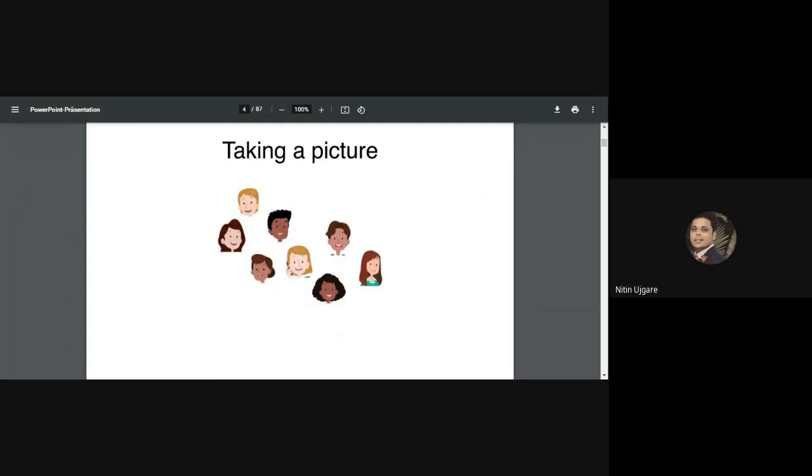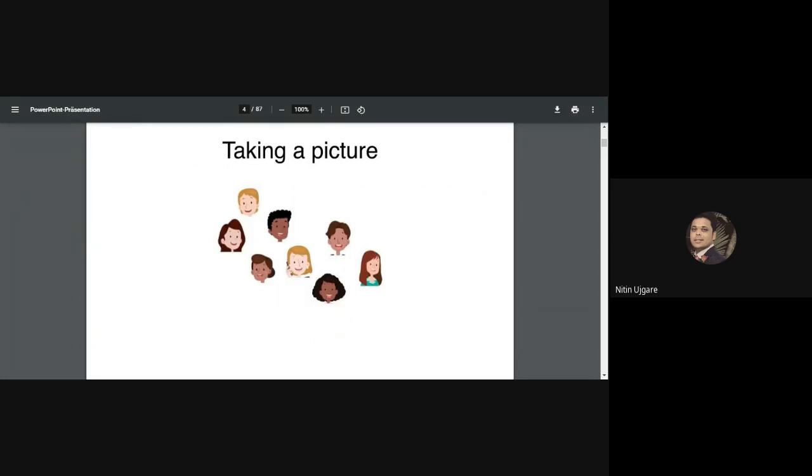So let's begin with a simple problem. Let's say we have a bunch of friends standing like this, and we want to take a picture of them. The question is, where do we take the picture from, and from what angle should we take it?